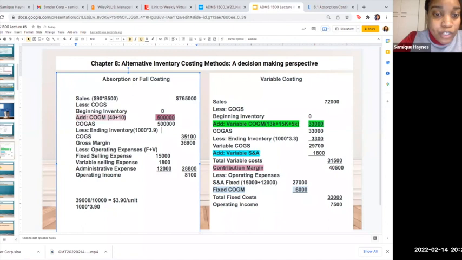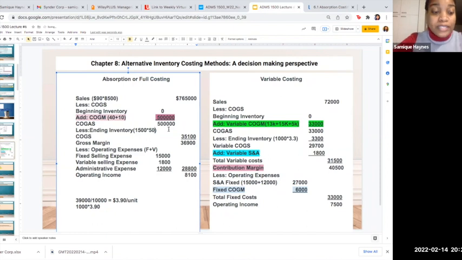And our ending inventory will be what? Do we have any ending inventory? We produced 10,000, we sold 8,500. What's our ending inventory? 1,500, exactly. 1,500 units we have, but what's the value? What's the cost of those 1,500 units? We're gonna have to multiply that by a cost per unit. Did we find our cost per unit? It is 50, exactly.